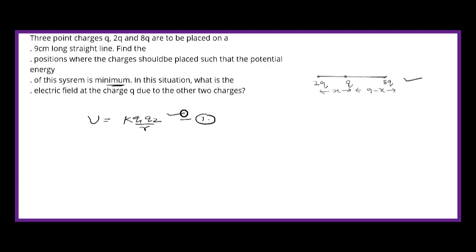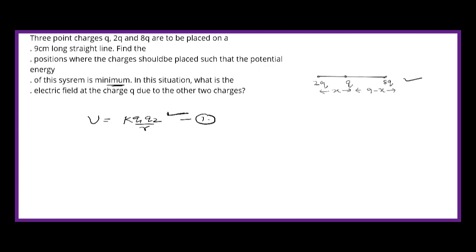For the minimum energy, the bigger charges, 2Q and 8Q, should be away from the center. So the smaller charge is in between, and if that distance is x, the other is 9 minus x, because the complete line is 9 centimeter long.